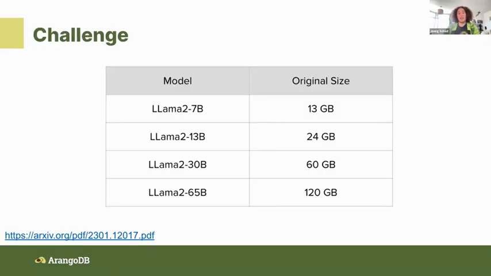The challenge is those large language models can be really big. So if you just look at Llama 2, and there are even larger ones available now, we're actually talking about 120 gigabytes. So the question is, I said you don't necessarily need a lot of data, and also the processing time is okay for it, but just storing it and having the amounts of memory available for different models can grow rather rapidly.